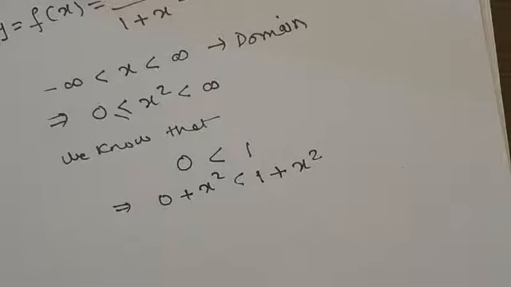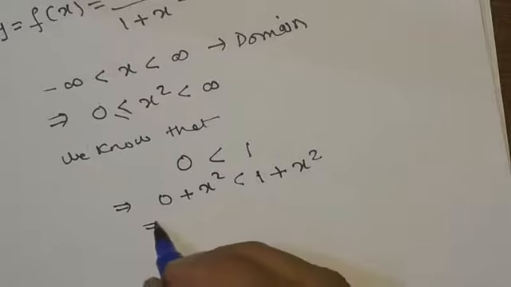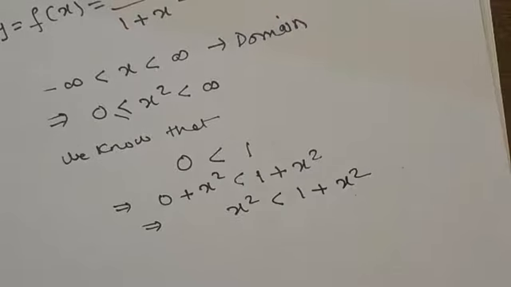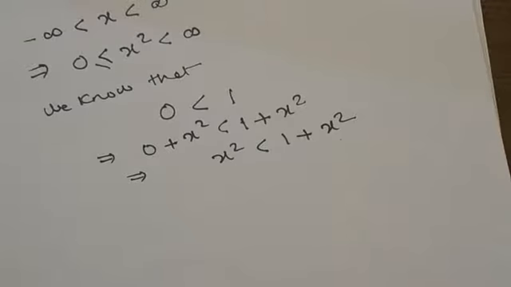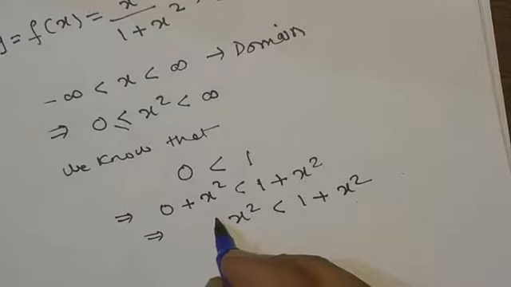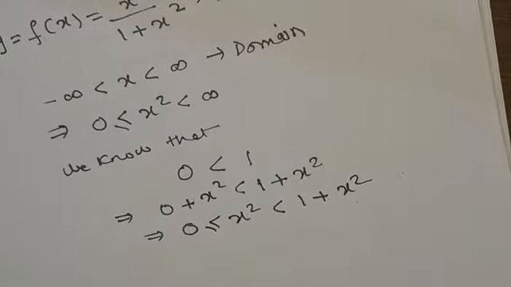If we add x² throughout the inequality. Okay, so that means x² is less than 1 plus x². Now you can see here that x² is greater than or equal to 0 also. So we have to write x² greater than or equal to 0, less than 1 plus x².